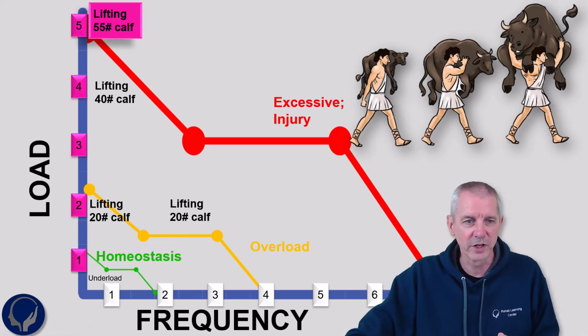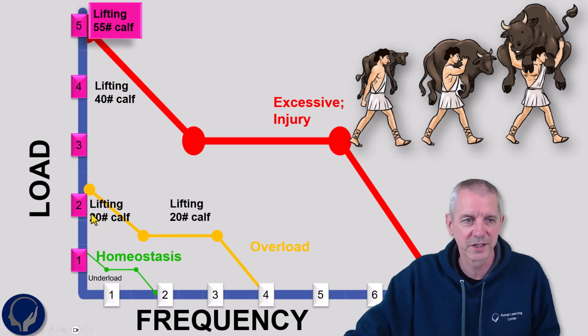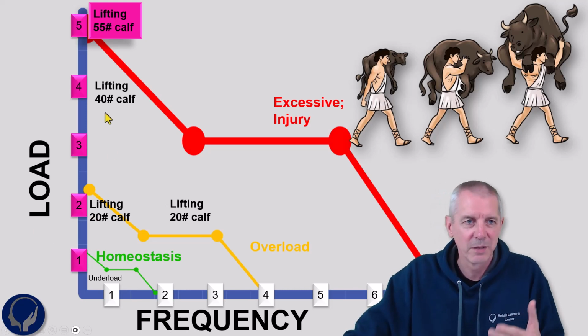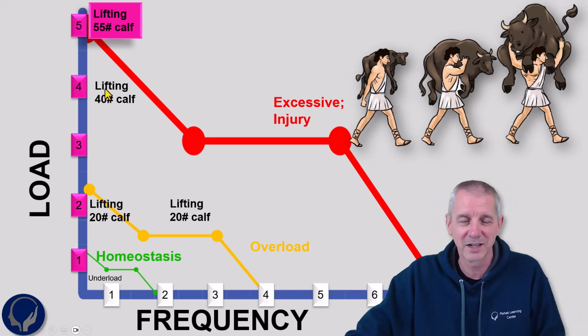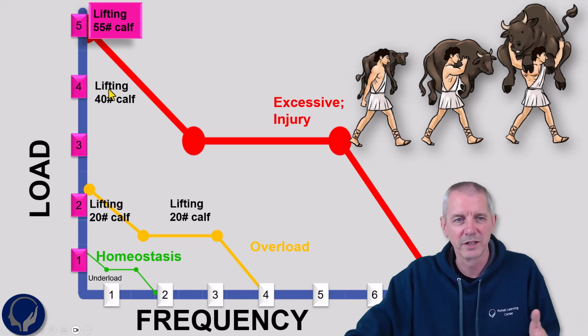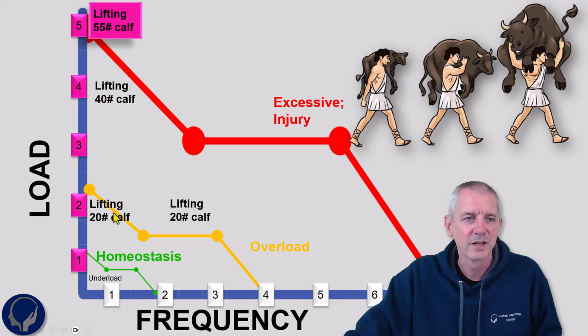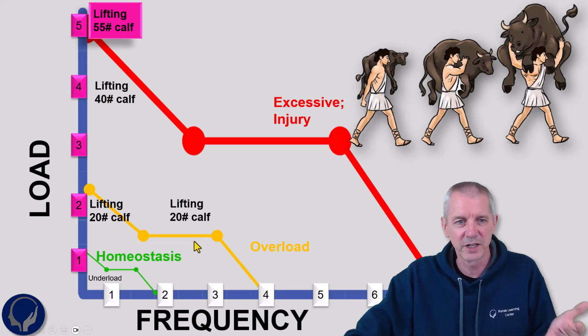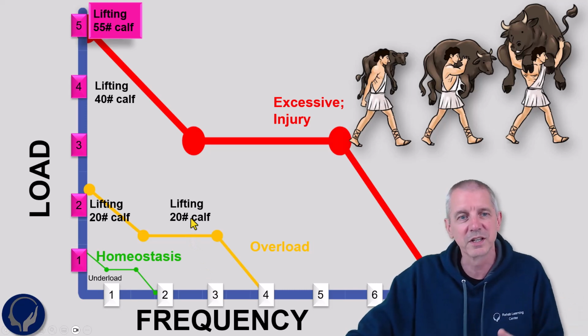And now let's look at frequency. So let's say maybe he gets up here and he goes, man, that's kind of a heavy calf. I still want to progressively overload, but maybe I'll change the frequency and I'll lower the weight again. So he goes back to his 20-pound calf, and he goes between 2 and 3 days per week, depending on how busy he is and that kind of stuff.